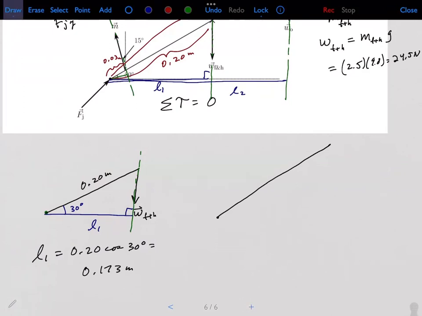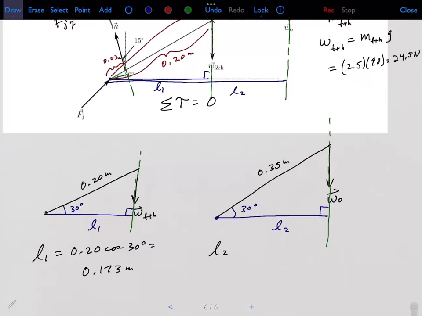Then I do the same thing for the weight of the object. This is the weight of the object, and this is the line of action. I'm looking for the perpendicular distance between the axis of rotation and the line of action of the force. So that's my L2. I know that this again is 30 degrees, and the hypotenuse here is the full length of the forearm and hand, which is 0.35 meters.